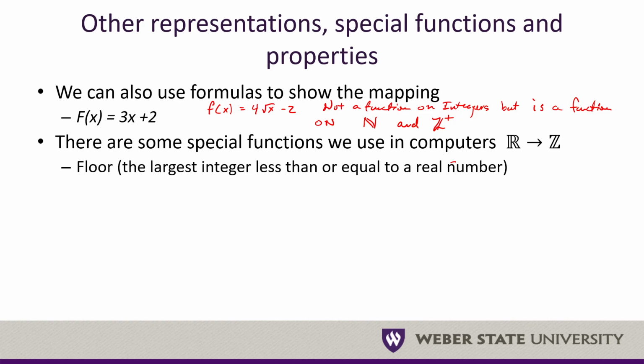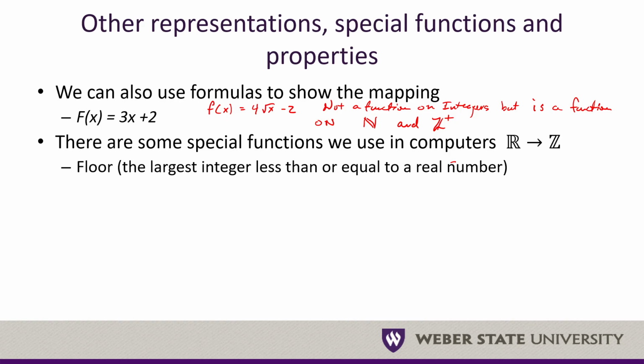The floor is one where all we really do is say, I don't care if there is a fractional part, I'm going to take the largest integer that is not greater than this. So in this case, if I had 4.9999999, the floor of that is 4.